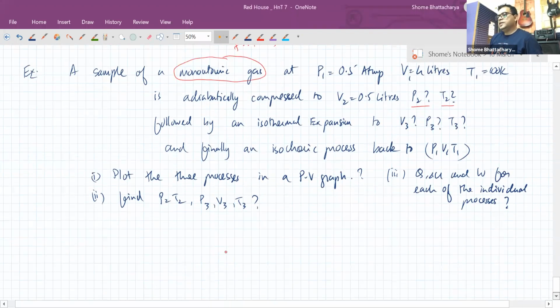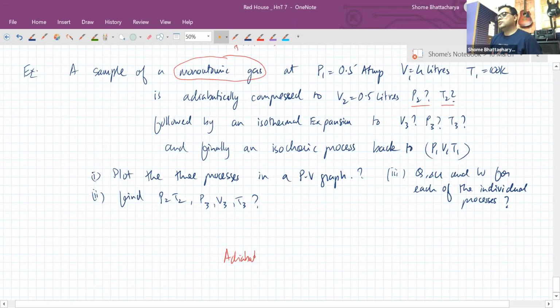Okay, so for the adiabatic compression, we're going from these values.